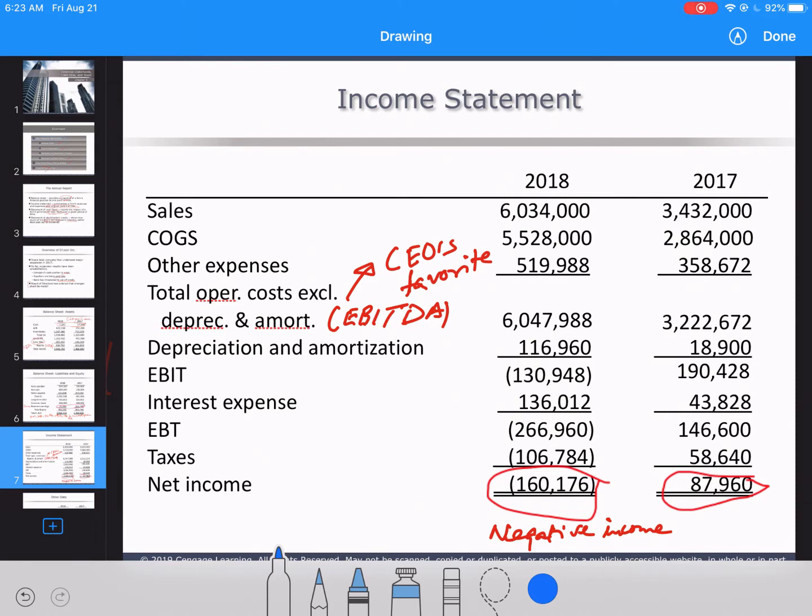So this is the core business earnings. The CEO's favorite flow of income. This is called upstream flow. EBIT is the basic earning power, the midstream flow, and net income is the bottom stream flow.